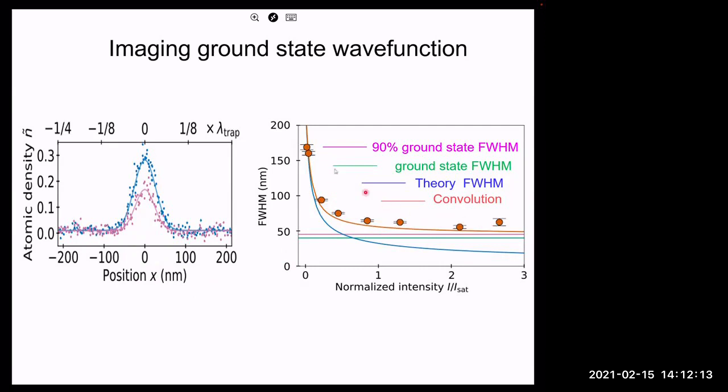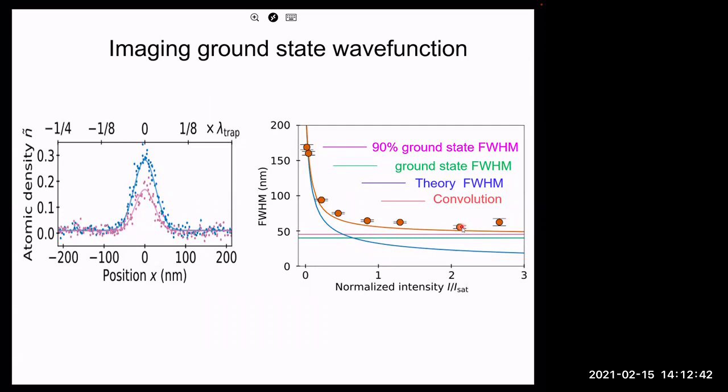Even though in theory the window should have no fundamental limit, we are already seeing a saturation where we are limited by the ground state wave function, how well we can localize a particle in the lattice. The ground state wave function is, in this case, about 50 nanometer, so therefore the size will also be 50 nanometer.